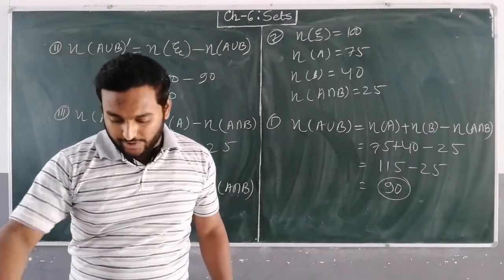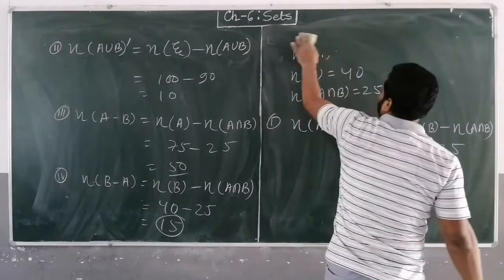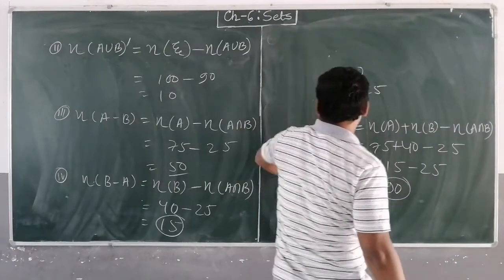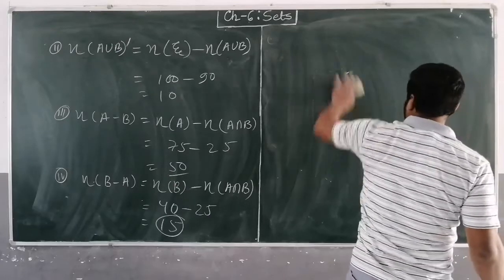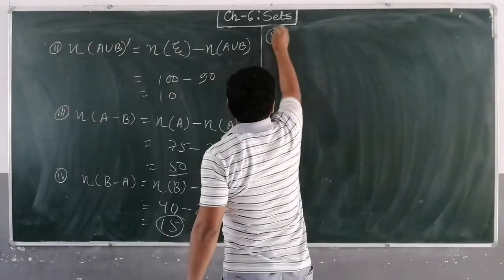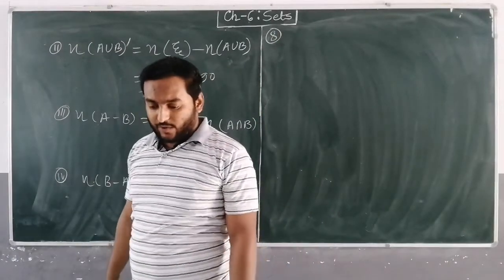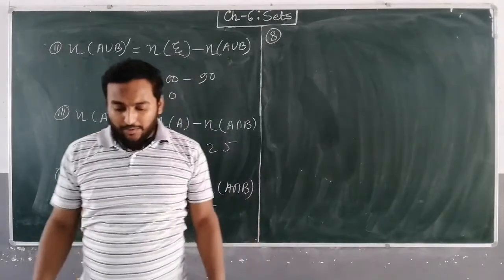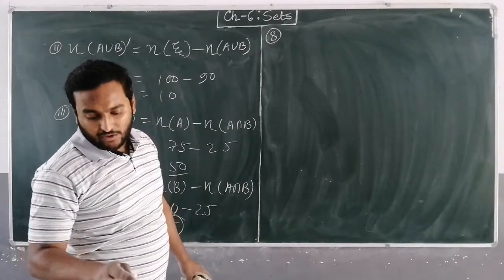Okay, now come to the next question, that is question number 8. Draw a Venn diagram for the following sets. Okay, you have to draw the Venn diagram, then you have to find n(xi), the universal set.